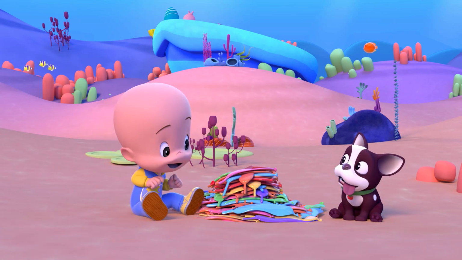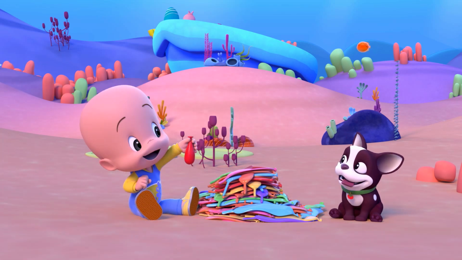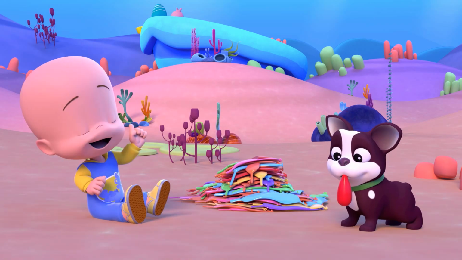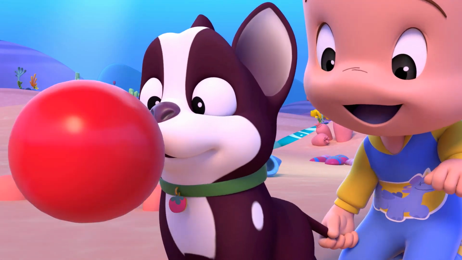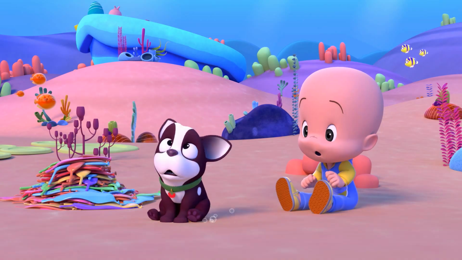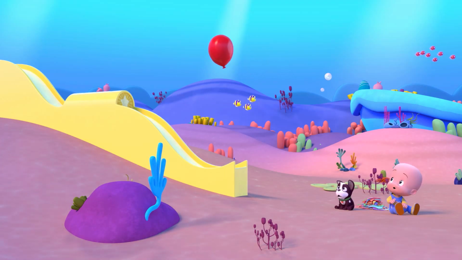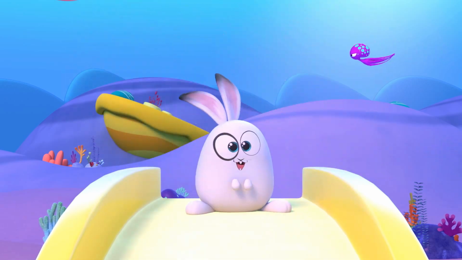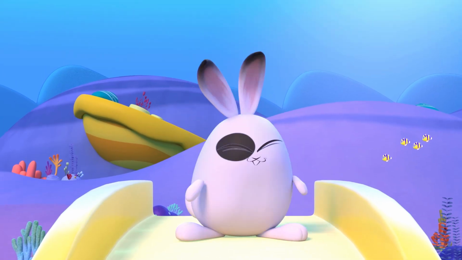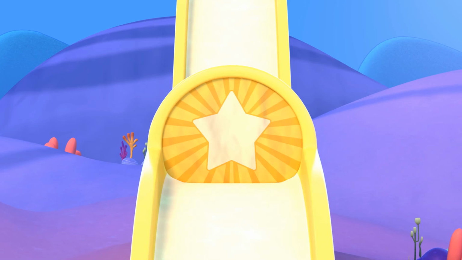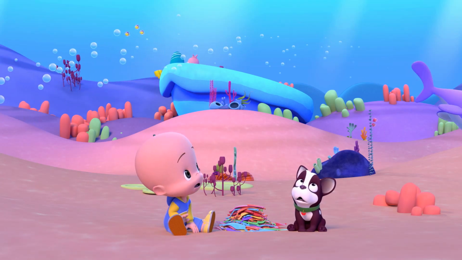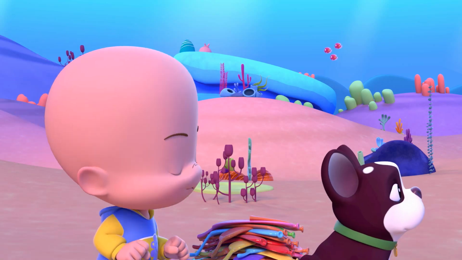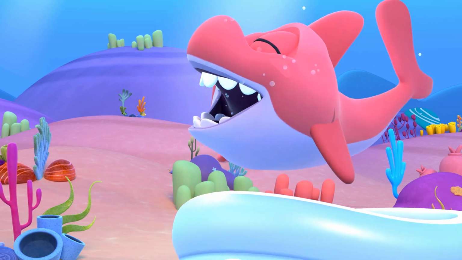More. Red balloon. Hi, Ghost. Baby shark. Whoa. Red baby shark.